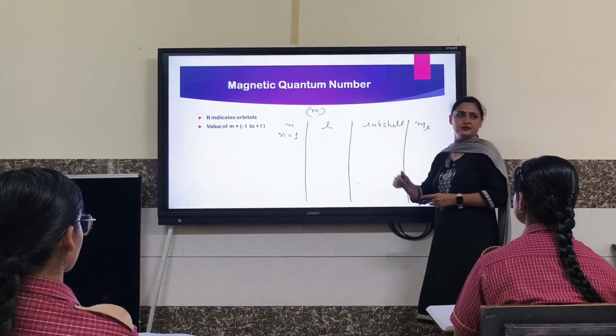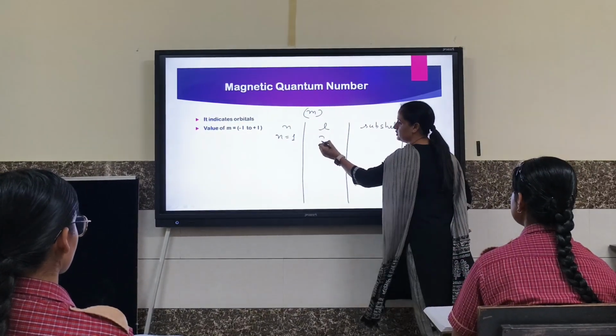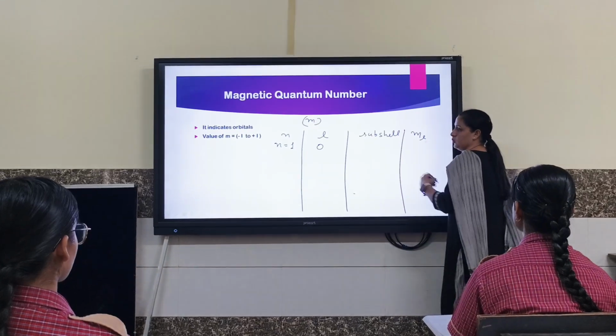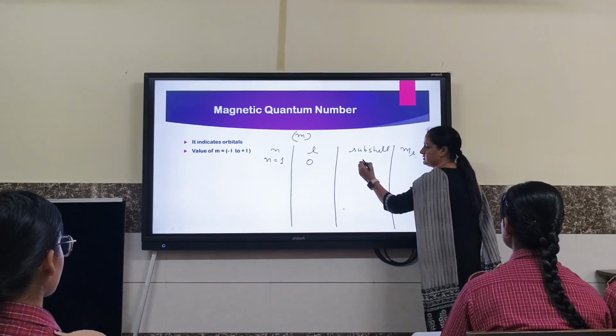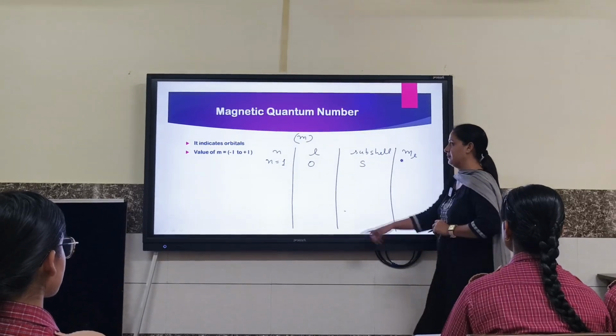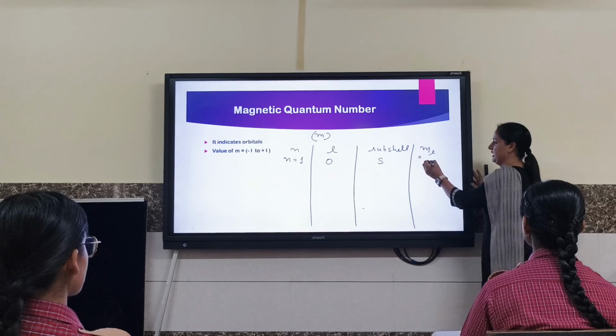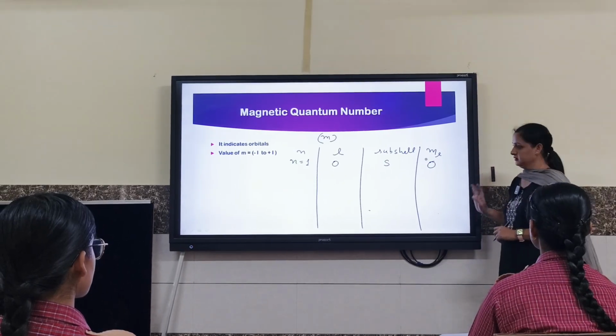The value of L will be 0 to n minus 1, which will be 0 in this case. Which subshell we are having in that case? Only S. And ml value will be minus L to plus L. It will be again 0, right?